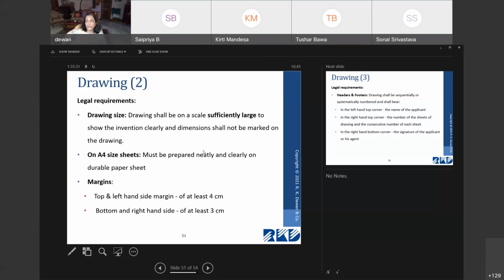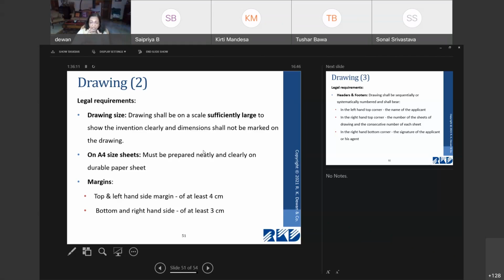Sometimes, you may get drawings from a client where the dimensions are given, but unless they are very particular, so there's an angle which is actually claimed, or there's a dimension which is important and it is claimed, then instead of writing the dimension, you could mark it with a D or M, and then say in your specification that M is from this range to this range. So unless it is something like this, dimensions are generally not marked, because you are limiting the scope of your invention. So this is another thing about drawing.